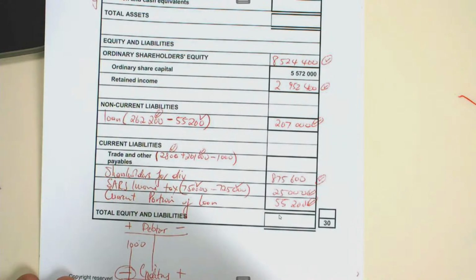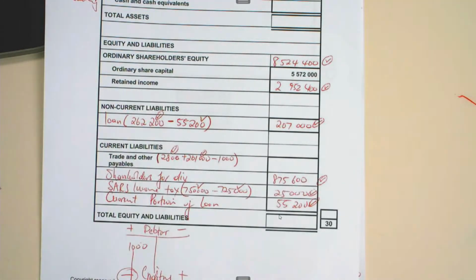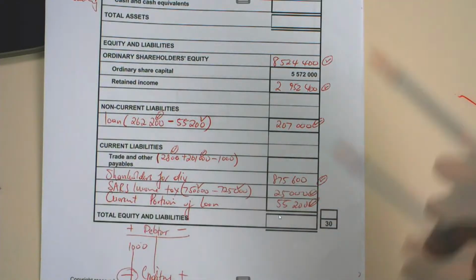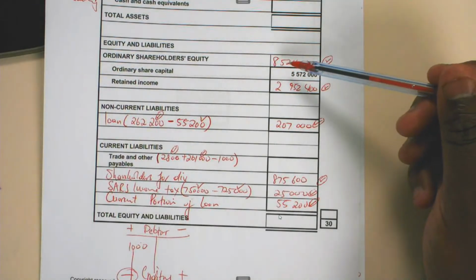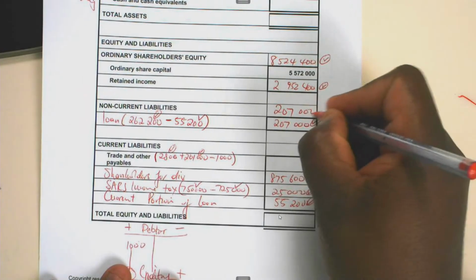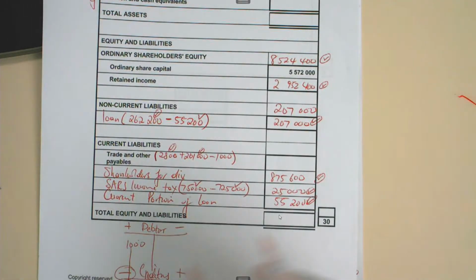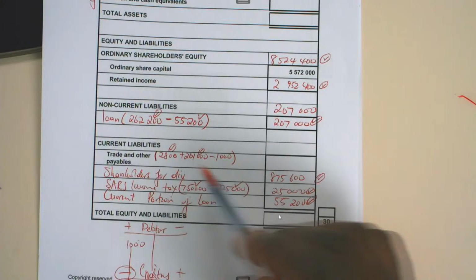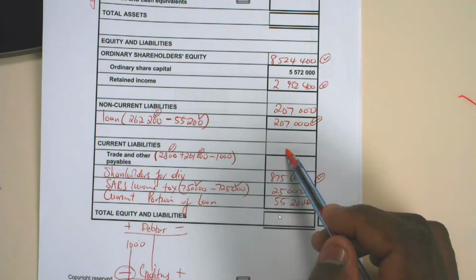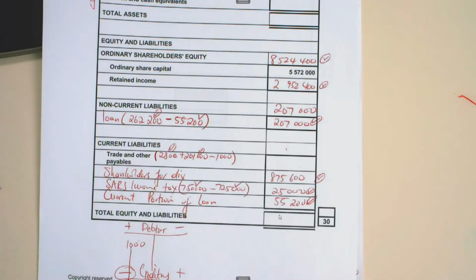Right now, let us check. We have equity and liabilities. We have non-current liabilities, and then we must now add the trade and other payables so that we can have current liabilities.